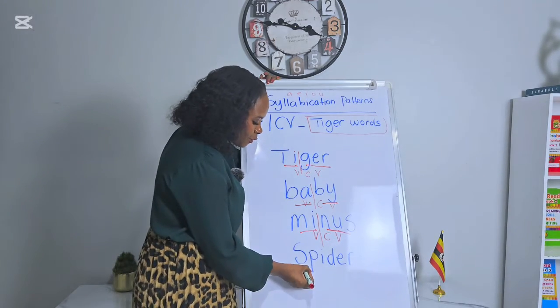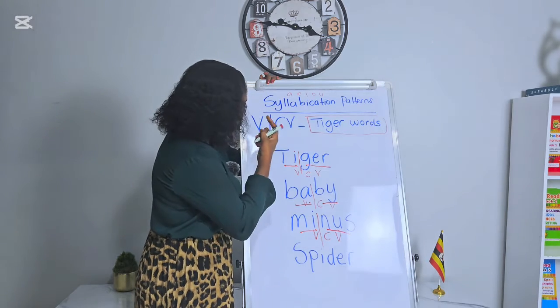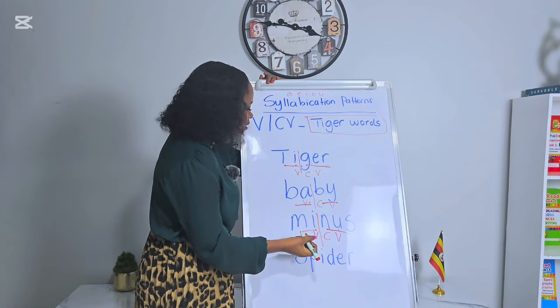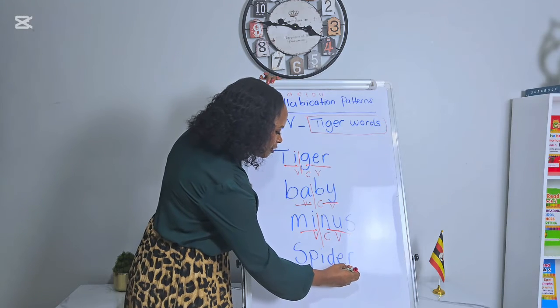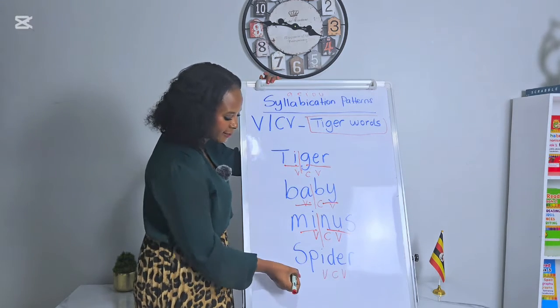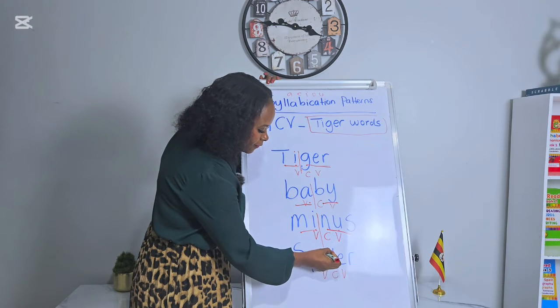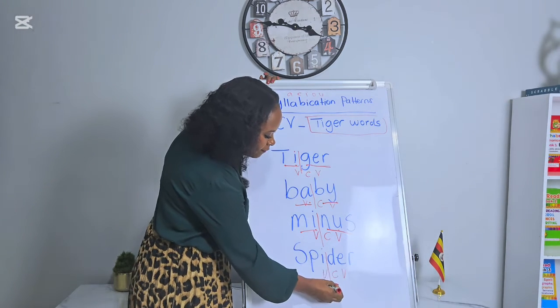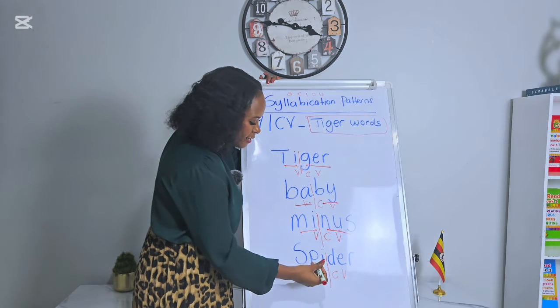Okay, let's move to the next one. We have a consonant blend here. Okay, don't worry about it. Let's find our first vowel. It's here, letter I, then consonant, then vowel. Great. All right, the rule says split after the first vowel. Yes, we have. And what happens to the vowel? The vowel says its name.